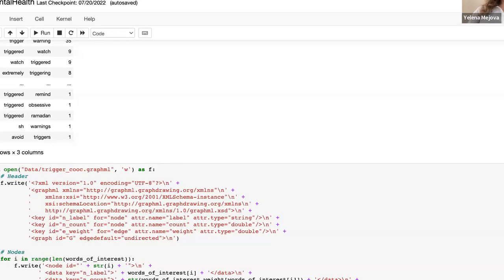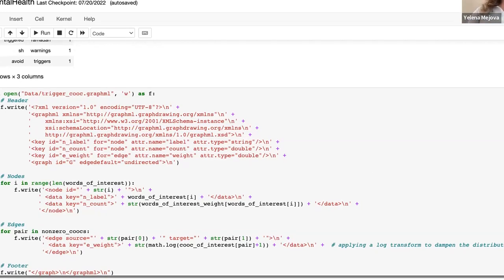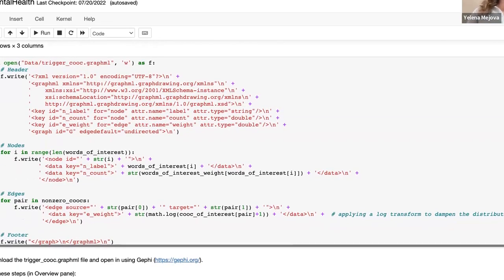And what I want to do is actually create a GraphML file out of it. This is an extremely verbose way to do it. It would be way easier to make a NetworkX instance and write it out. But here you can see what it looks like.